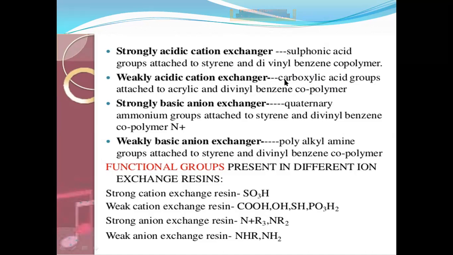So if our resin contains a COOH group, it is considered weakly acidic. Why? Because COOH is also an acid, meaning it donates H plus ions, but its tendency to donate H plus is less compared to sulfonic acid. That's why it is considered a weakly acidic cation exchanger. Again, it is attached to an acrylic or divinyl benzene copolymer. That is the resin.